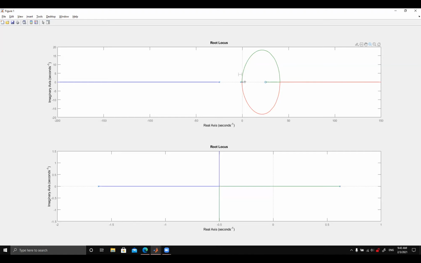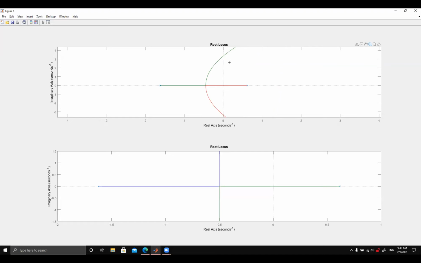And that happens at some gain, and we would like to find the gain at which this crossing happens. So if we look at this root locus, we see that the crossing happens approximately over here, which is at a gain of approximately 13 point something.